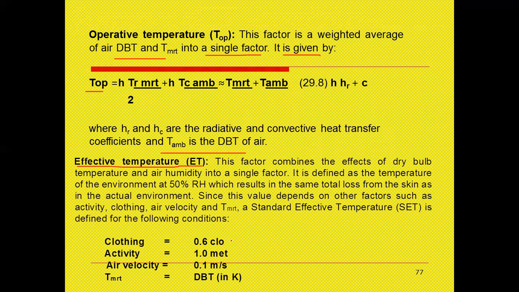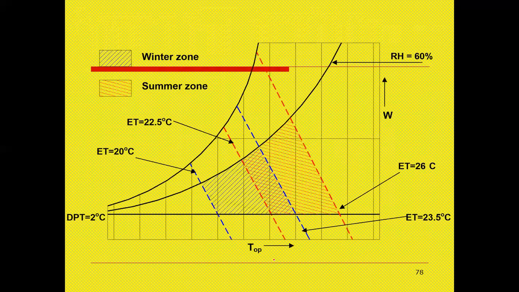Clothing 0.6 clo, activity 1 met, air velocity 0.1, TMRT equal to air temperature. So if you see the graph between T operative and the humidity ratio W, the DPT value is 2 degrees centigrade and the effective temperature is 26 degrees centigrade.